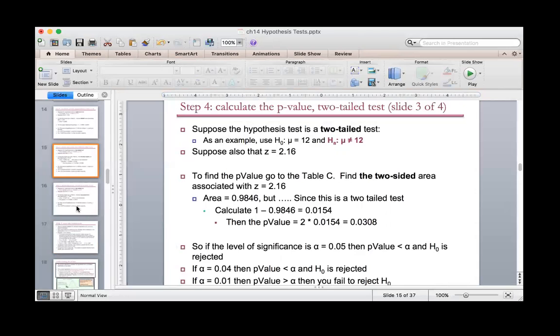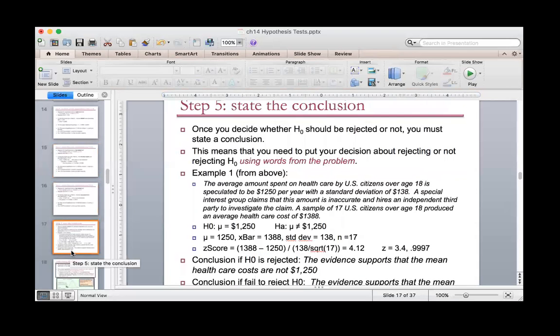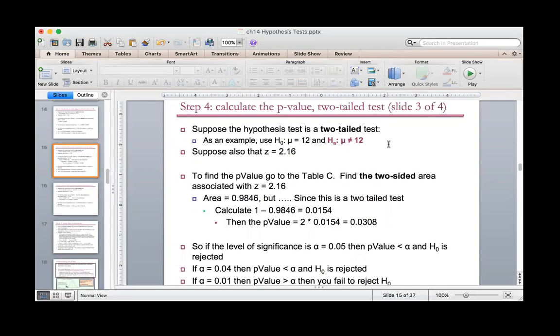Okay. This one brings up a separate point. For example, here's a test. This is a two-tailed test, and instead of getting 4.12, I got 2.116.